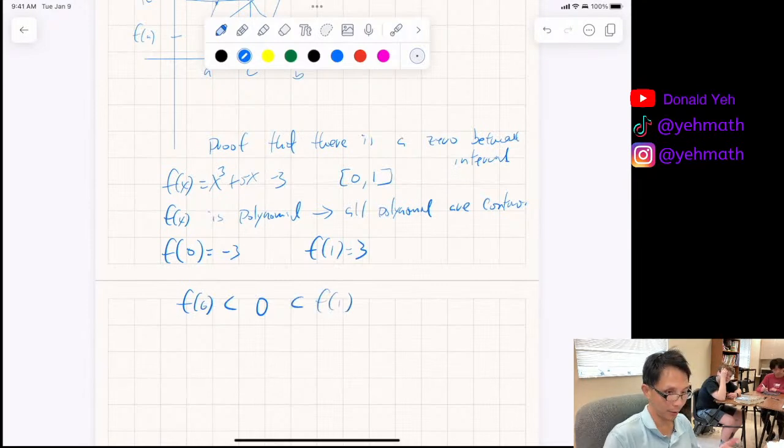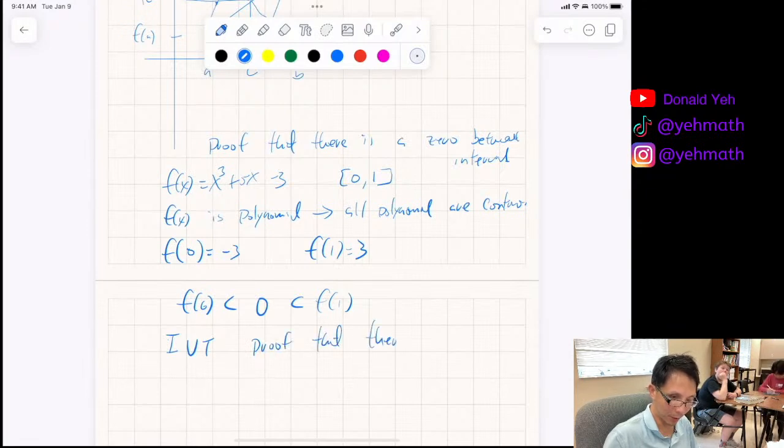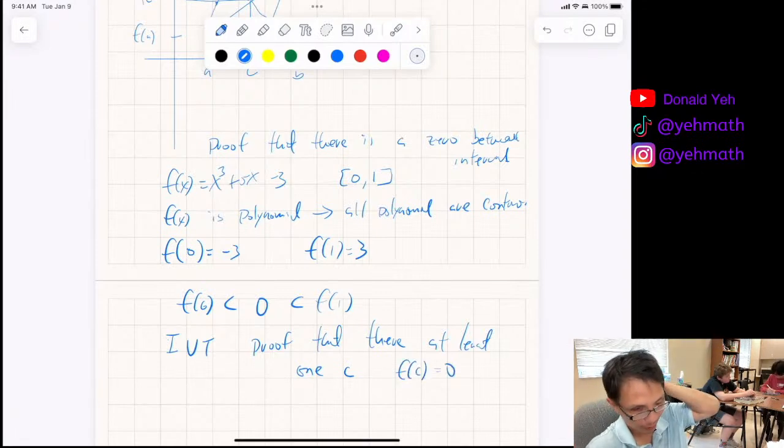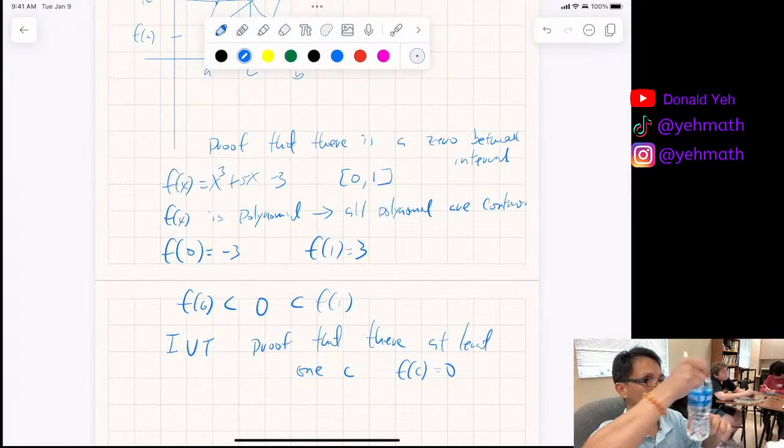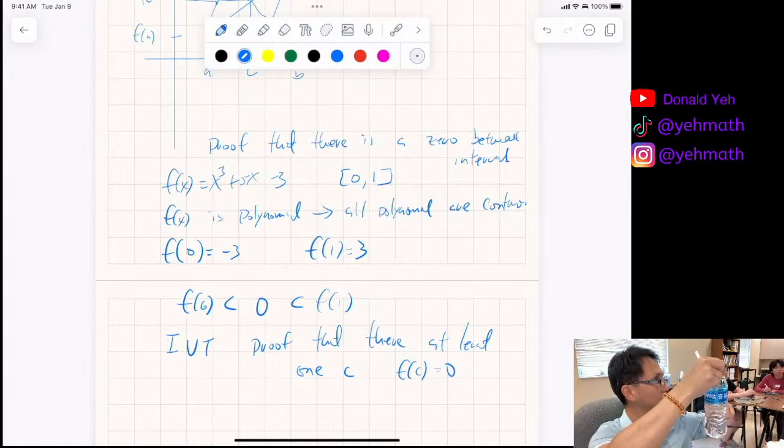Yes, because that's true. So the IVT proves that there is at least one C where f of C is equal to 0, because 0 is a K. There's no way at -3 right here and +3 that I don't go past the axis. It has to go to 0 because 0 is between -3 and +3.